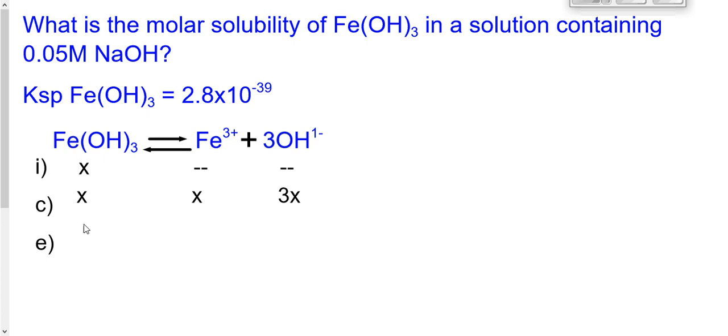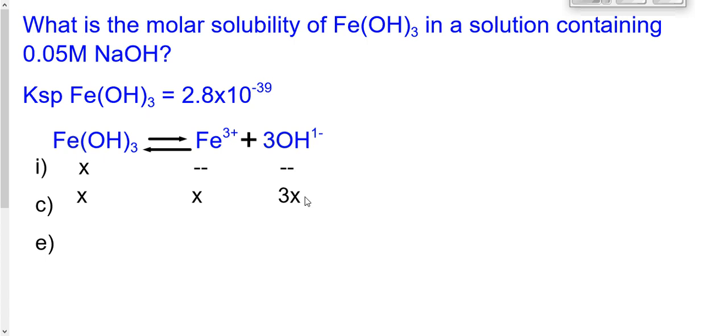The X here refers to the solubility of iron hydroxide. The amount of iron that we have from the balanced equation will be the same amount that will go into solution, and the amount of hydroxide that we get from the iron hydroxide that breaks down will be 3 times this. So we have values of X and 3X.